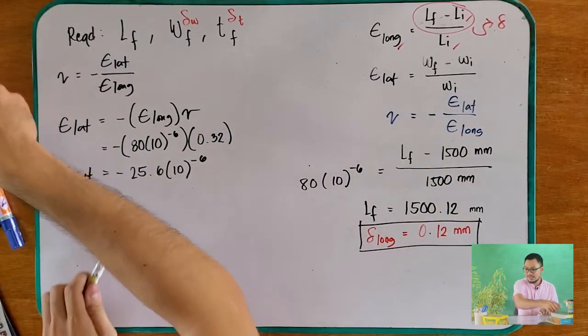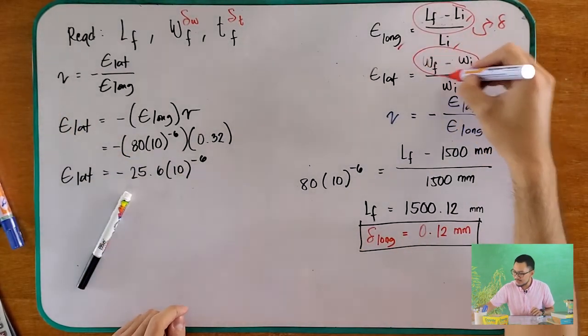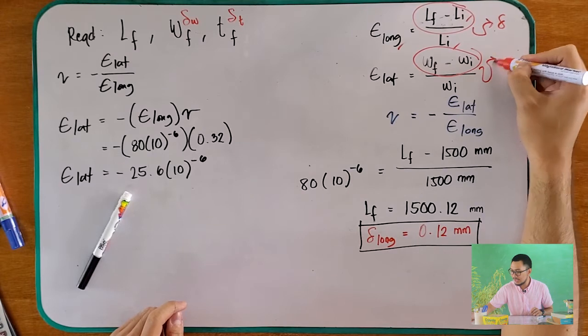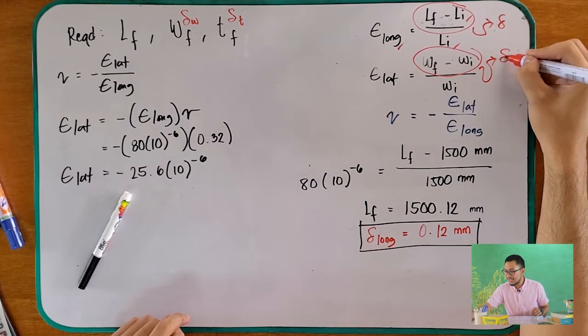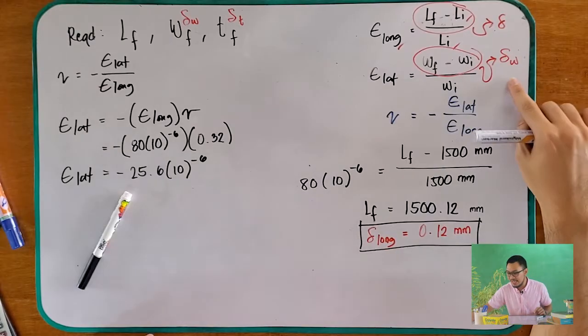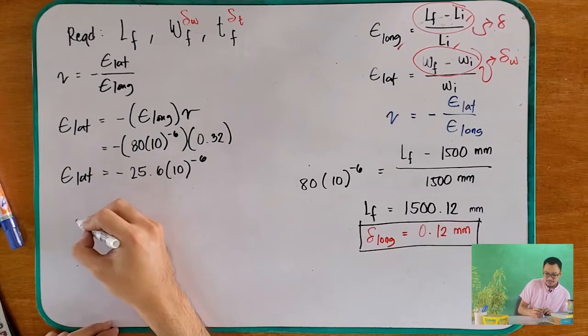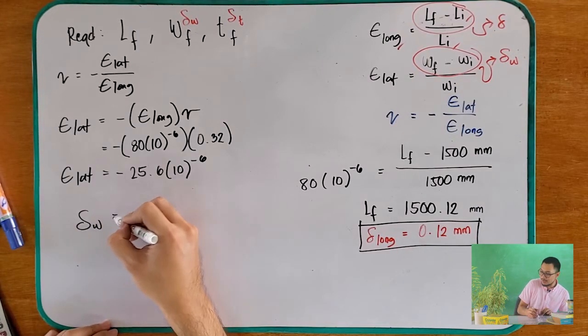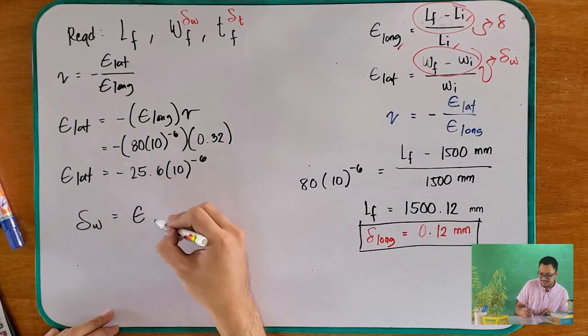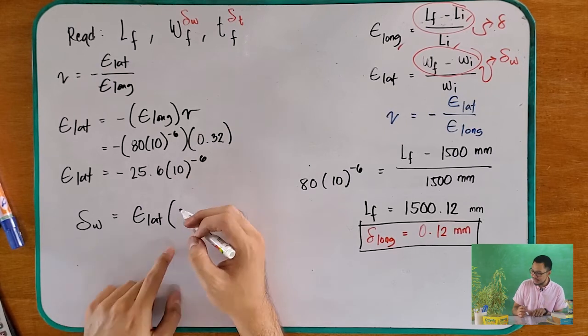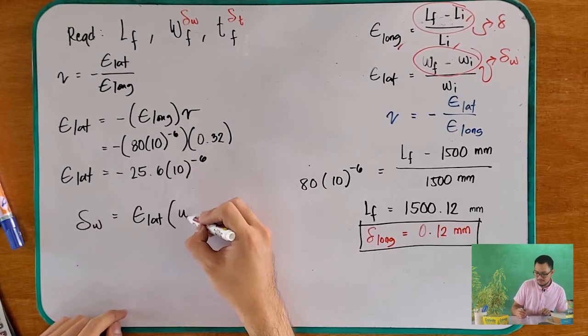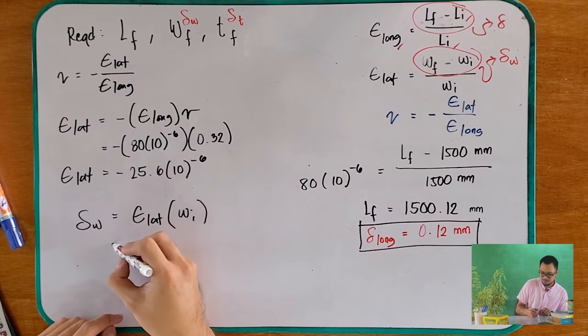We go back to the equation for lateral strain, and instead of this, we put delta width, the change in width. So, change in width is equal to the lateral strain times the initial width.